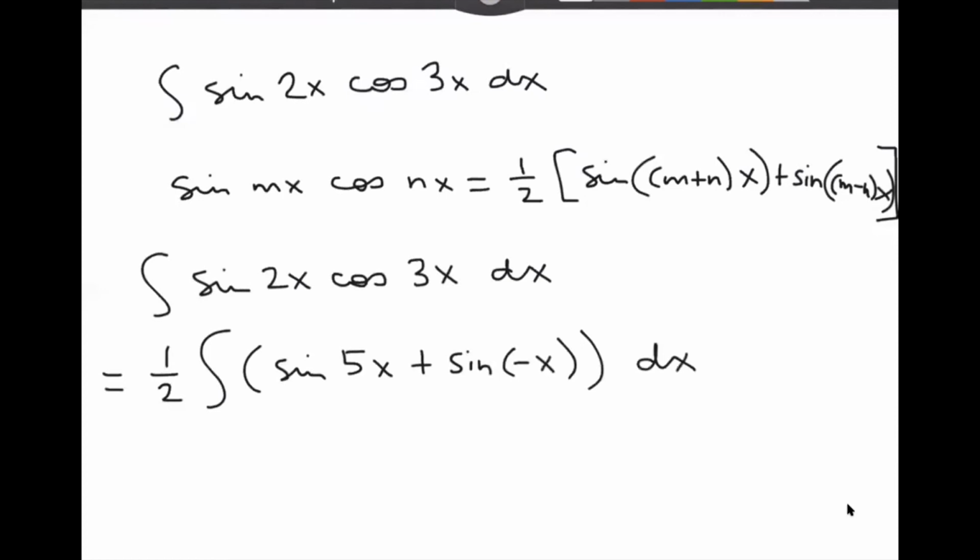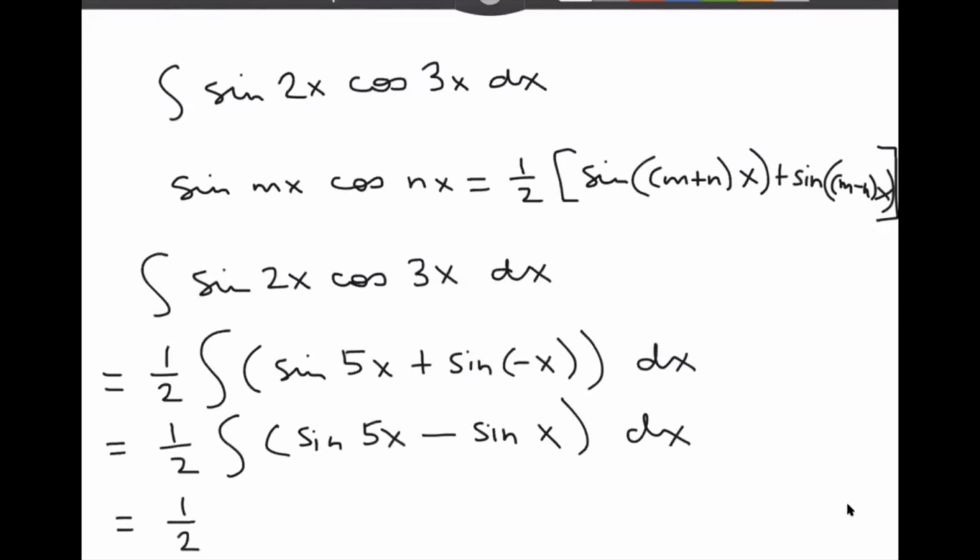Okay, so now I'm just going to do one more thing before I actually do the integration. Remember that sine is an odd function, which means that the sine of opposite x is equal to opposite sine x. All right, and now this is a very easy integral.